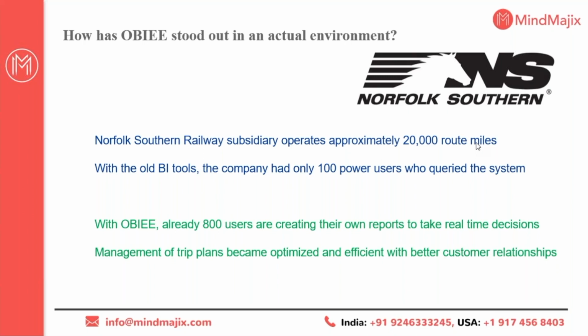And not just that, it now has around 800 users who are able to leverage the application to create their own reports and take real-time decisions, which ultimately helps in more efficient processes and output for the entire company altogether. This is only one live example, but there are hundreds of examples in major industries that have used OBIEE as the reporting environment and have been able to progress much more in their decision-making processes.